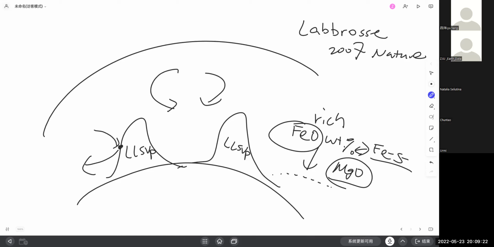And therefore, this creates a mantle plume. I'm not drawing very well. And this mantle plume hitting the surface is basically what people try to explain the kimberlite eruption as well as oceanic island basalts with.